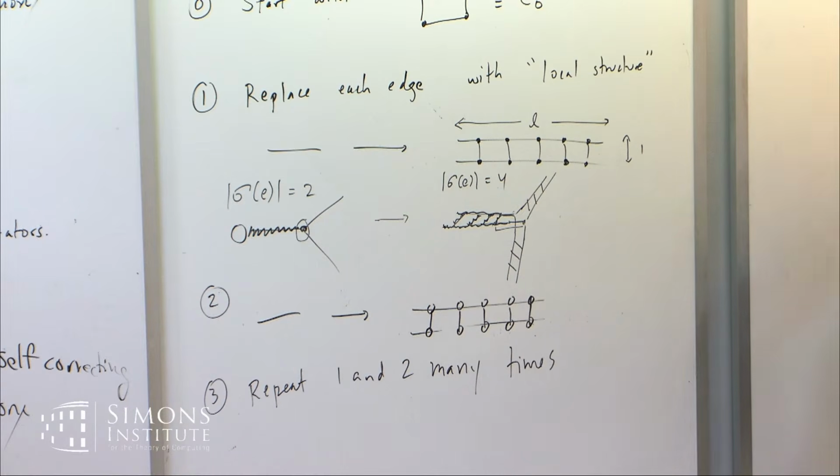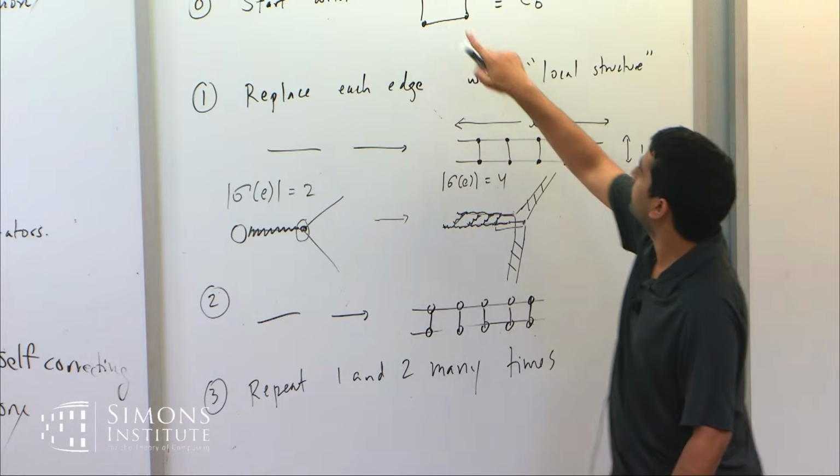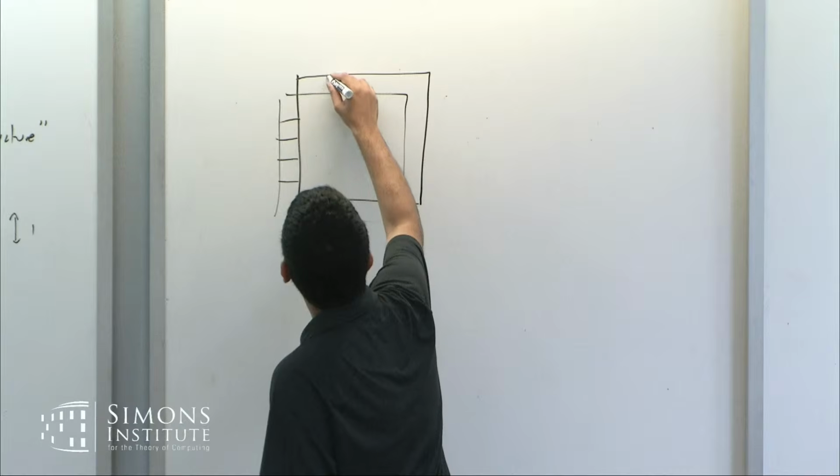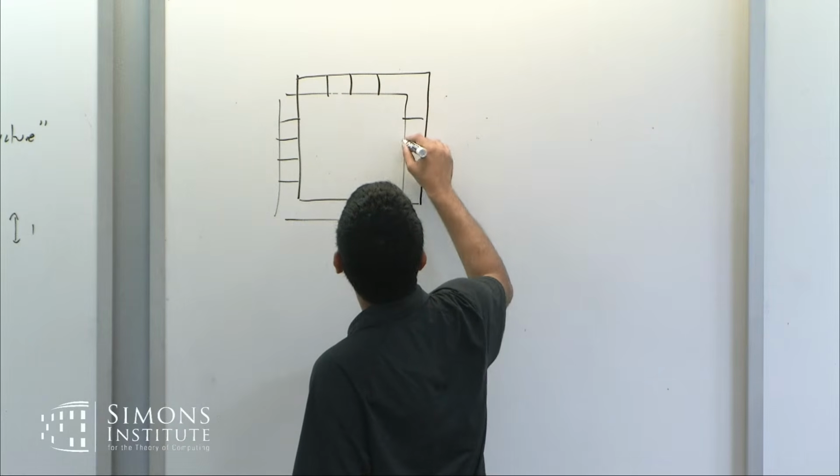So what I'm going to do is start with this code. I'm going to first scale it by some amount, which is this L. Then I can view this replacement procedure as taking another copy of this object and placing a bunch of rungs between the two copies.